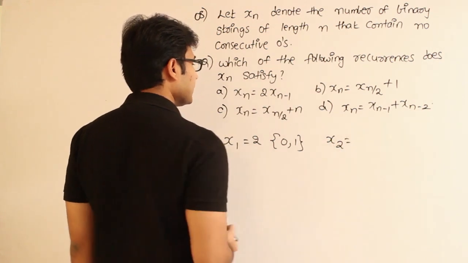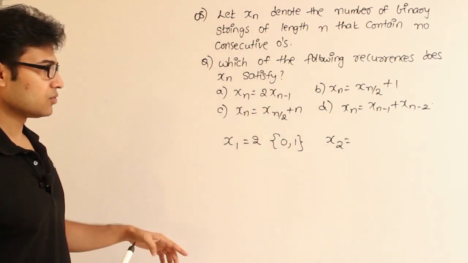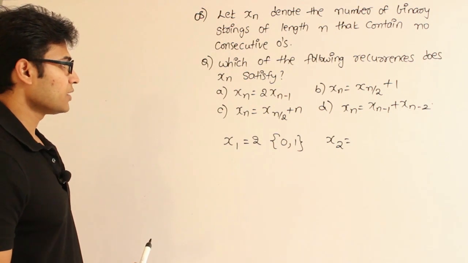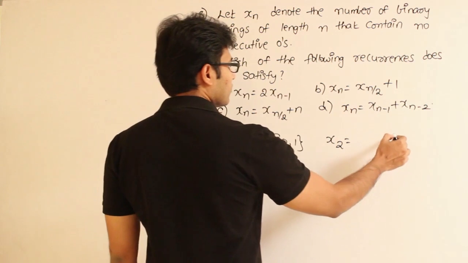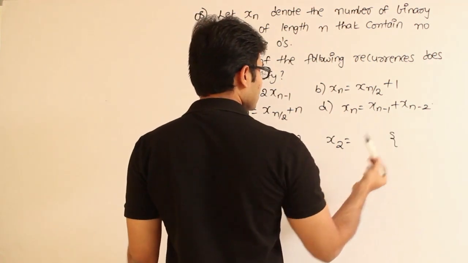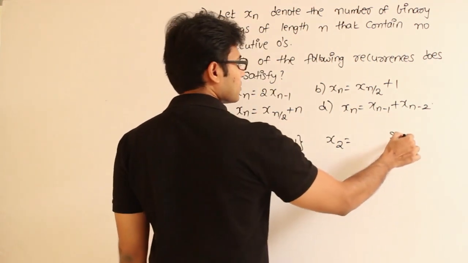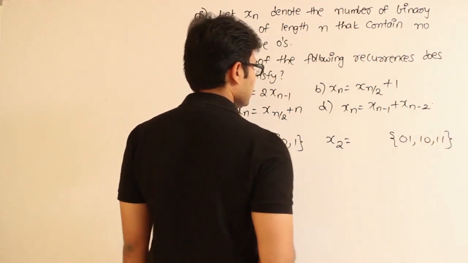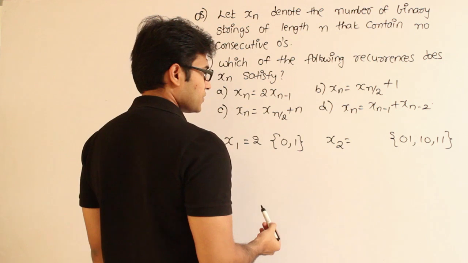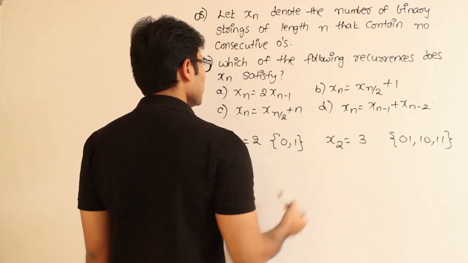The number of binary strings of length 2 which do not contain two consecutive zeros. Of length 2, 00 is two consecutive zeros. 01, 10 and 11 are the three strings in which there are no consecutive zeros. Therefore x2 equals 3.